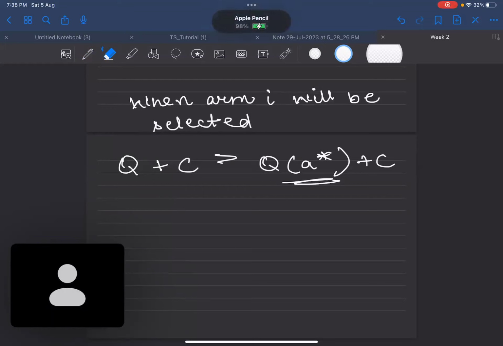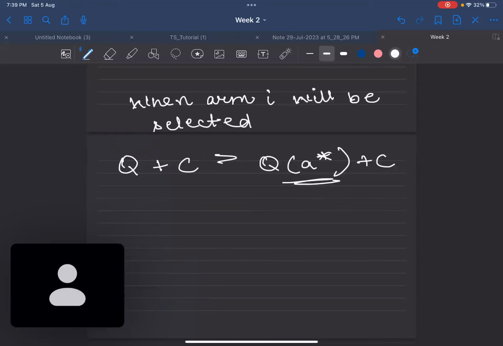Because we are only specifying the optimal arm A star, but it needs to be greater than eventually all the other arms, to be very specific. If it is greater than all the arms, can I say it is greater than the optimal arm?